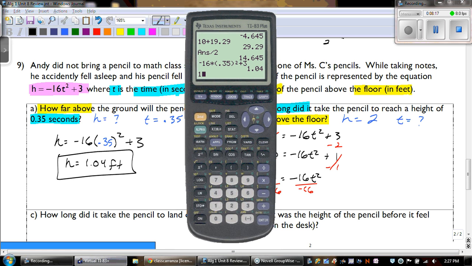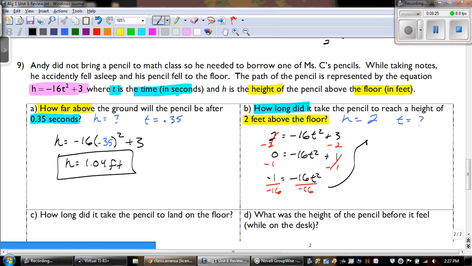And negative 1 divided by negative 16 gives us 0.0625. And we're not done yet because we have to square root both sides.